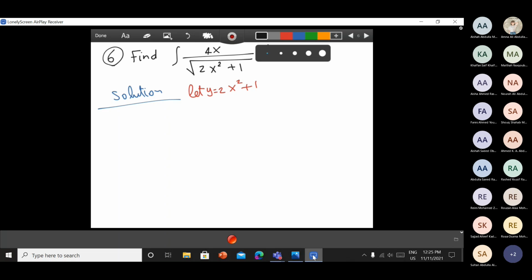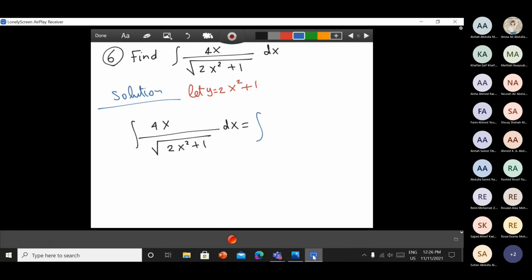Fine. So the integration of 4x over root square of 2x squared plus 1 dx will equal the integration, the root square of 2x squared plus 1 is y, so I write y here. So I need to find dx. How to find dx?